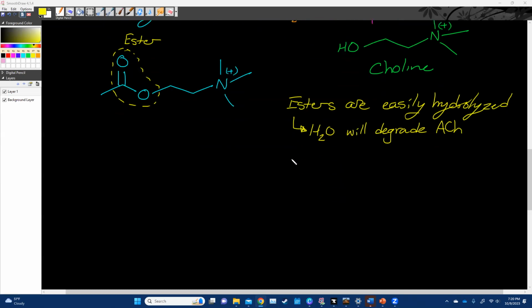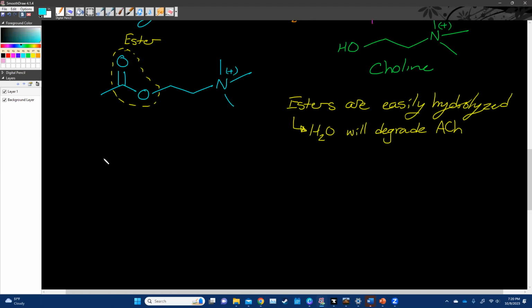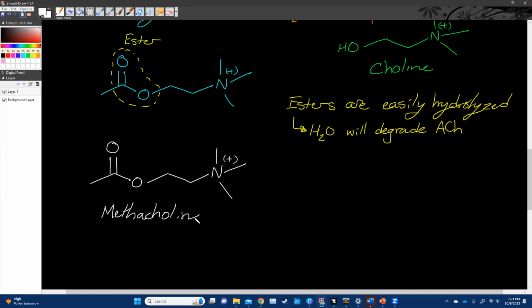So, for example, when we look at the drug methacholine, I'll put this in a different color. Methacholine has the same acetylcholine backbone, but it has this methyl group adjacent to the ester.